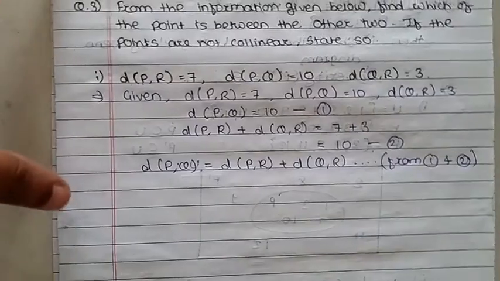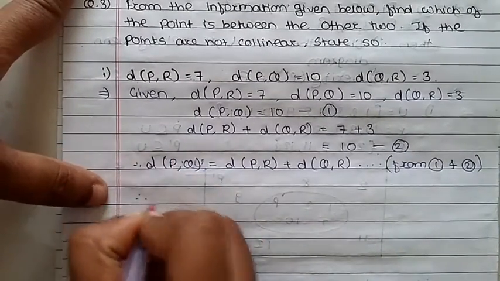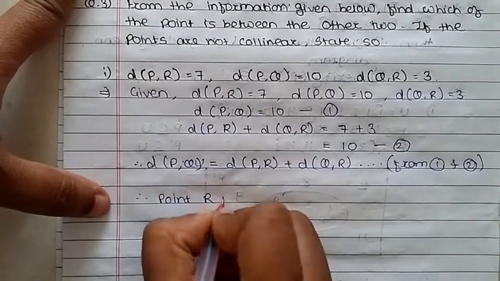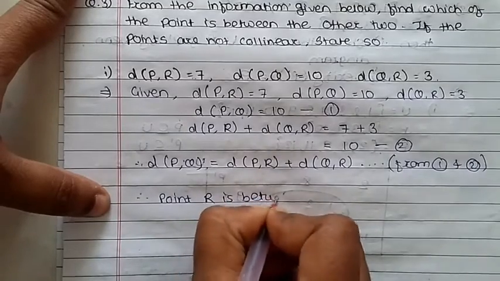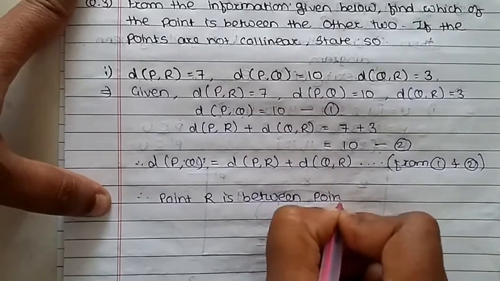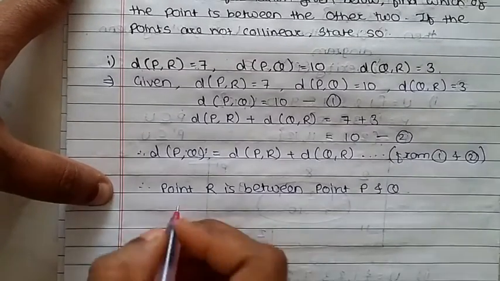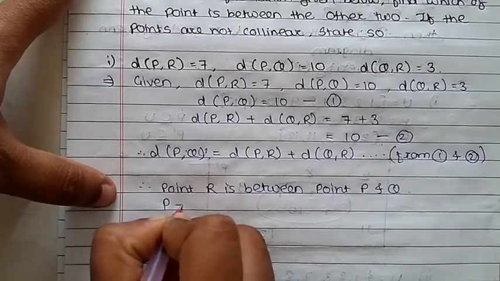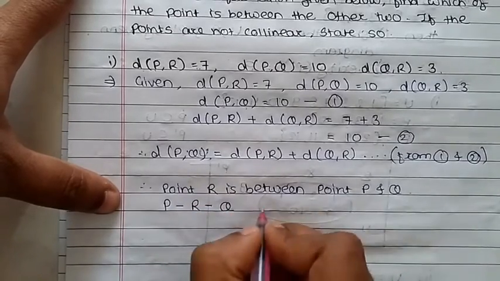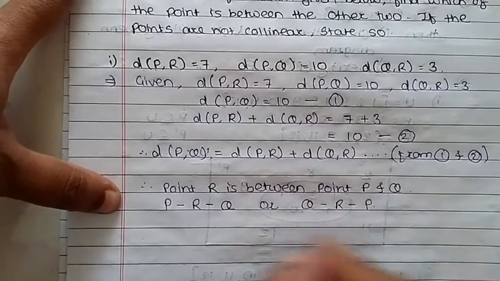That means we can say that point R is between points P and Q. So we can write it as P-R-Q or Q-R-P.